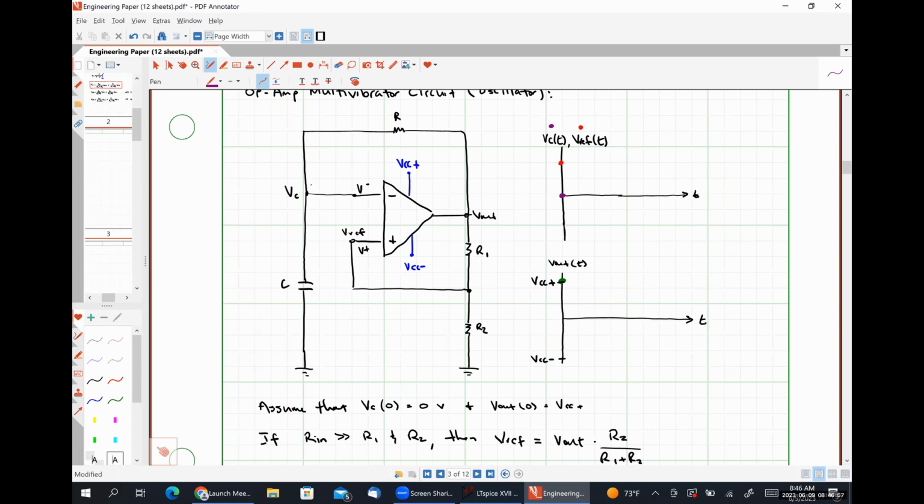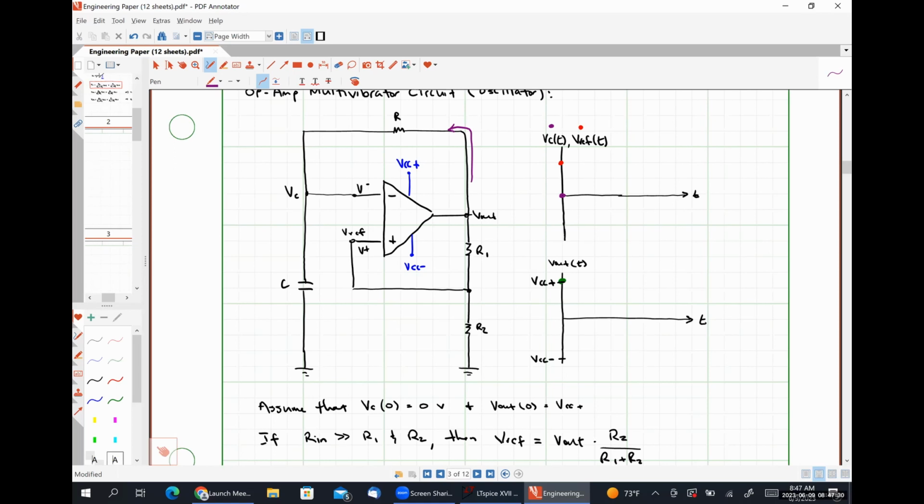So if Vc is at 0 and V out is at 10 volts, what we're going to see is that current is going to flow through that resistor R. And that current flowing through resistor R is going to cause our capacitor to charge at a rate determined by R times C, because we have an RC circuit.